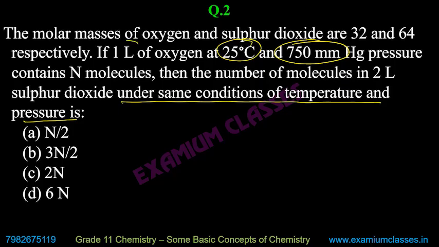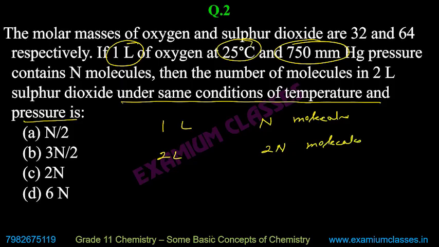It means if in 1 liter we have n molecules of any gas, in 2 liters we will have 2n molecules of any gas. So whether it is oxygen, whether it is sulfur dioxide, doesn't matter. In 1 liter, N; in 2 liters, 2N.